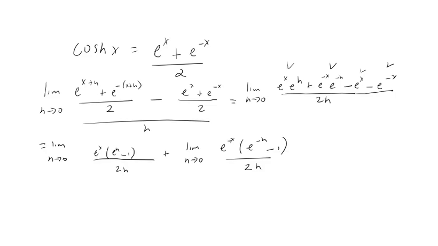Notice here, if I pull out a half, I don't have to pull it out right now because I can show it to you with a different color. But this one is the same as the derivative of e to the x, or e to the h, at x equals 0. So we're going to leave e to the x, and I'm going to take the limit as h approaches 0 here.